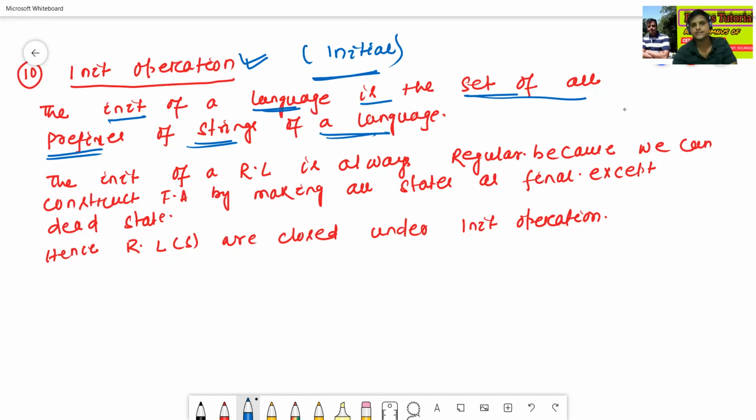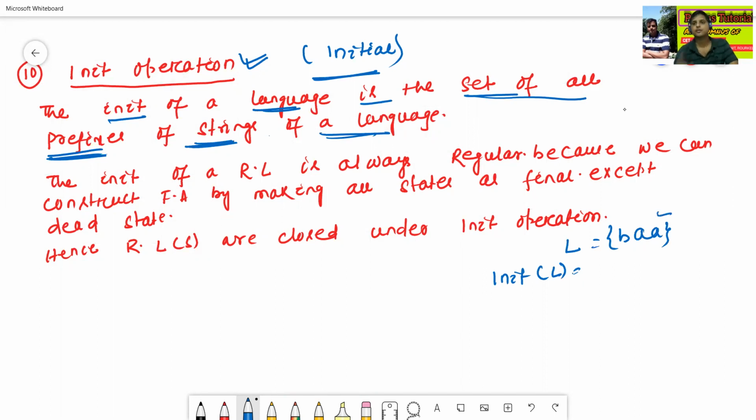So what is the meaning here? Suppose a language L equal to BAA. So init of L, or initial of L, is nothing but the prefixes of strings of the language.